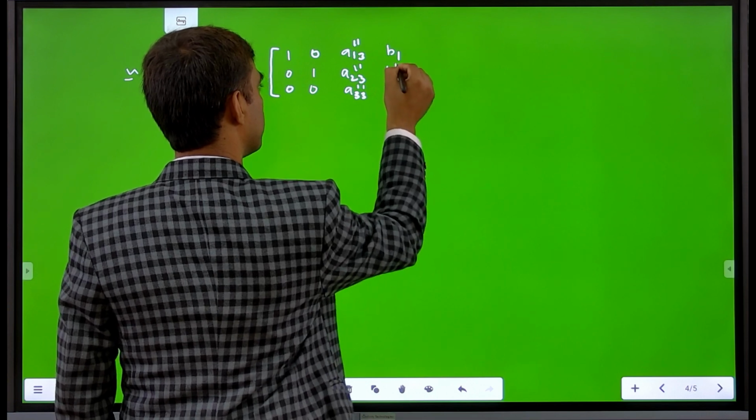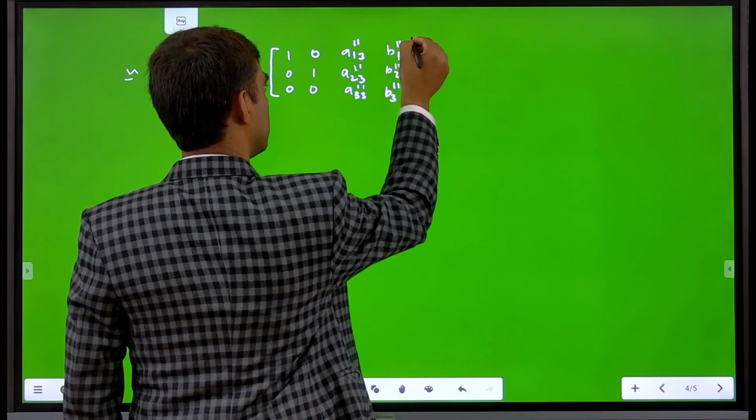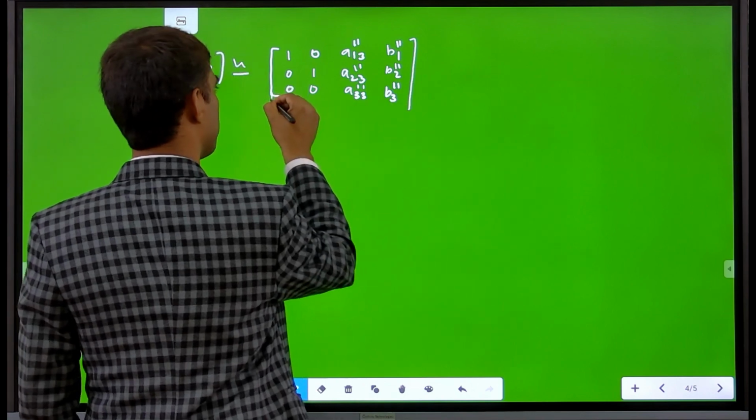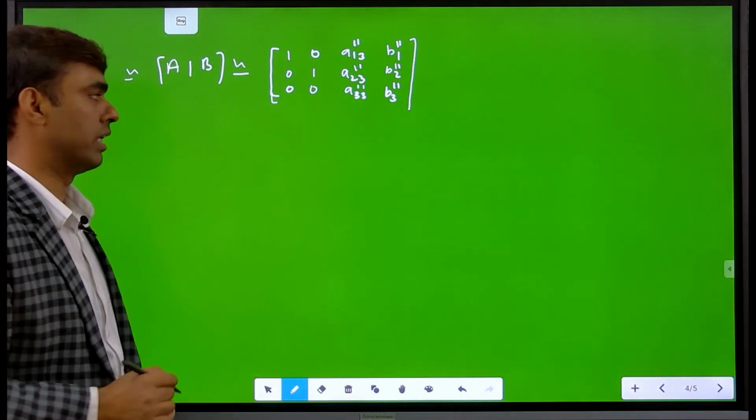These are also double dash, meaning the original values of V1, V2 and V3 have changed two times.